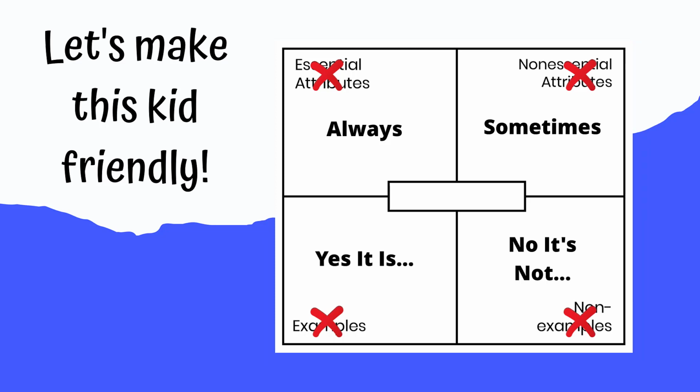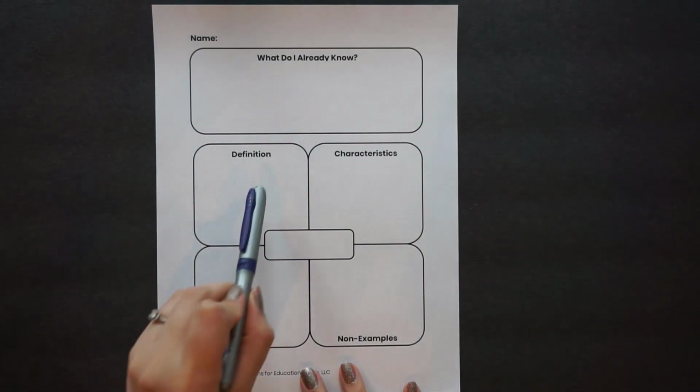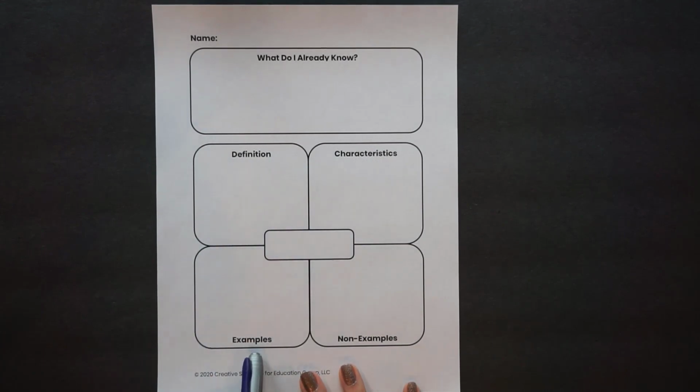Now that you have a general idea of what this looks like, let's go to the table and I'll show you what it looks like in practice. So here we have an example Frayer model template that I've created, and this is the traditional one. You'll find definition, characteristics, examples, and non-examples.